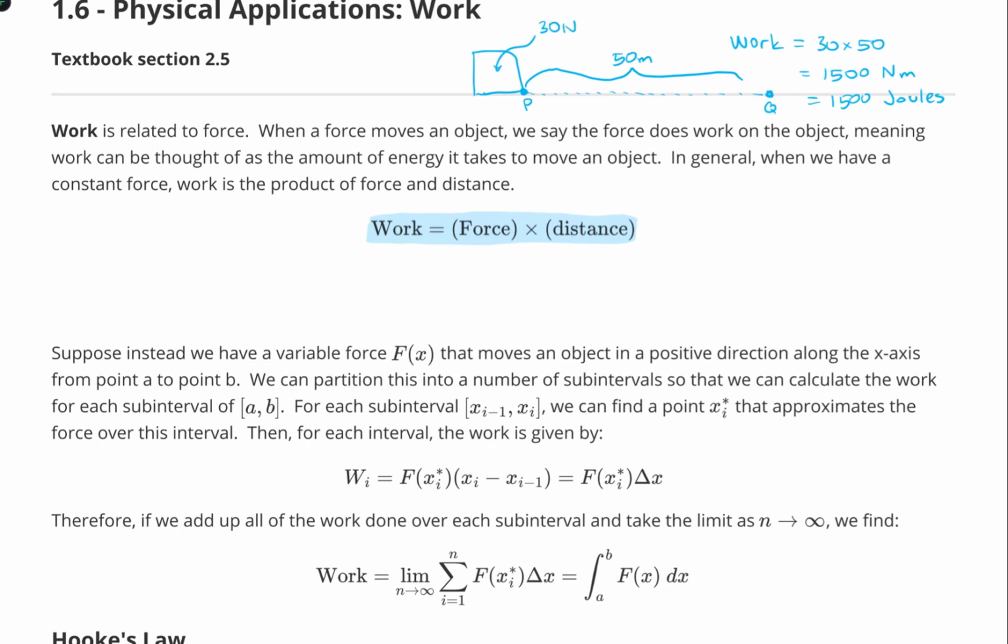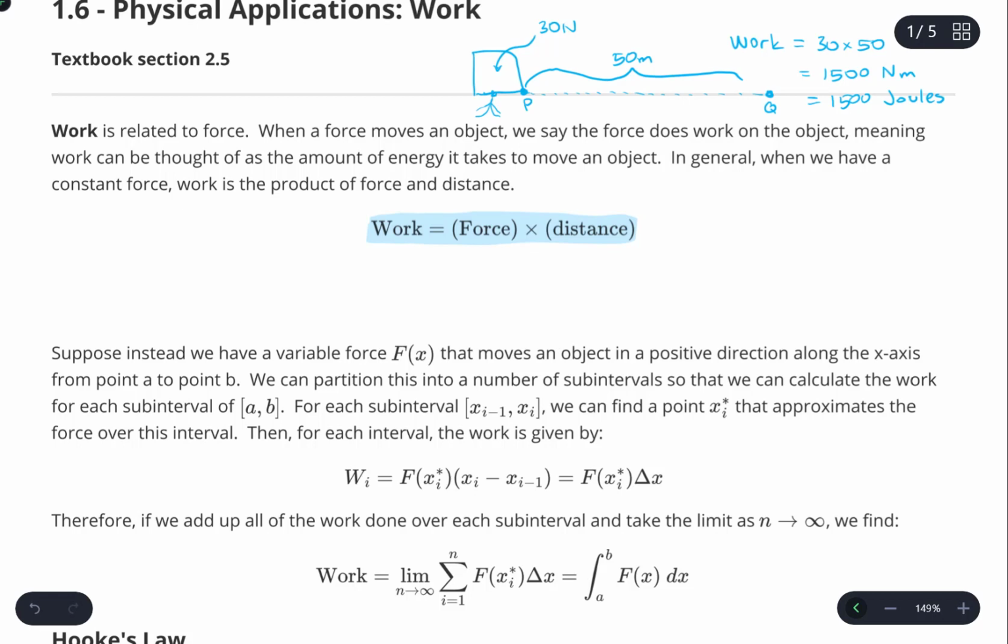Let's suppose we have a variable force. So the amount of force changes while this is happening. So maybe this box contains a liquid, but there's actually a leak, so there's a hole in the bottom and it's leaking out liquid.